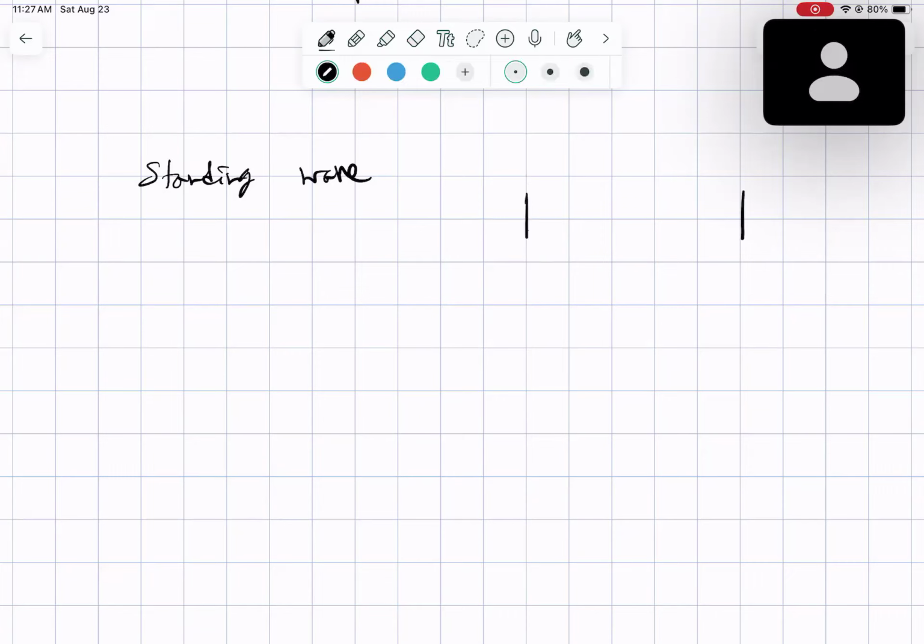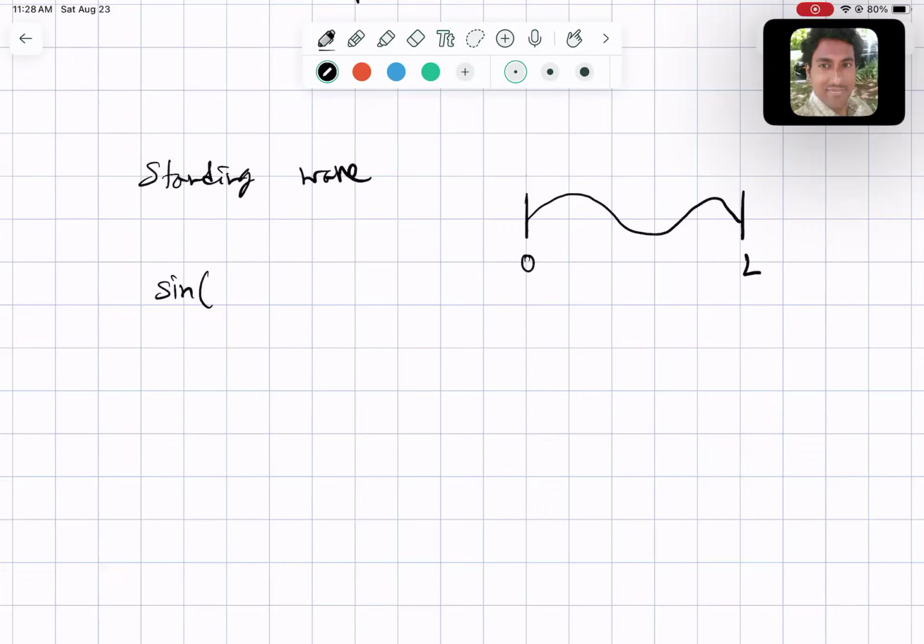So standing wave is, you have two boundary and the wave is kind of trapped here. Length is say, from 0 to L. That's the length of the boundary. And standing wave is a sine wave, then we write it as sine kx, right?